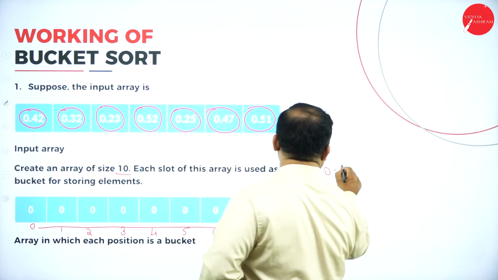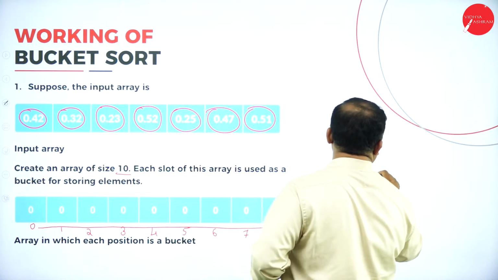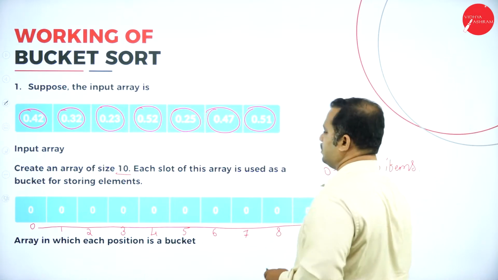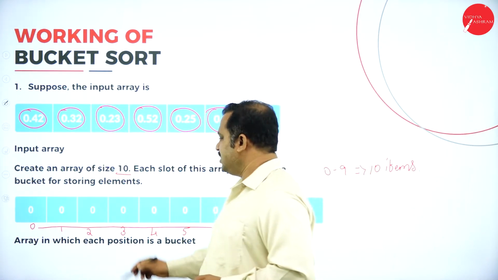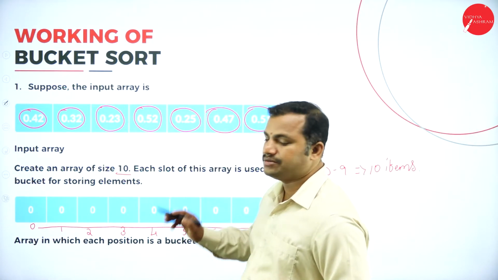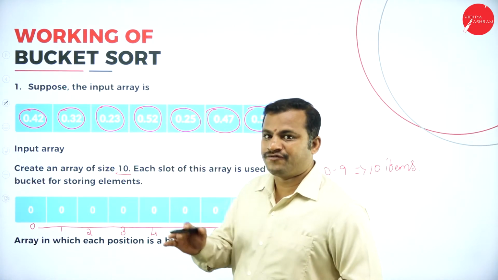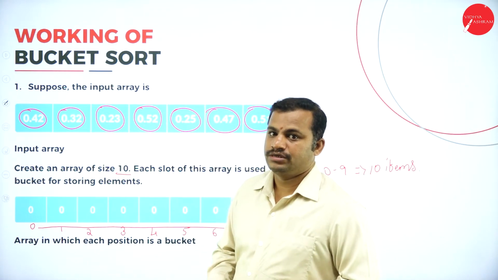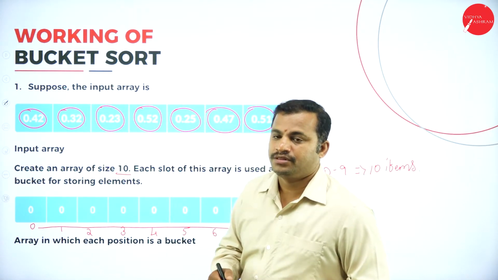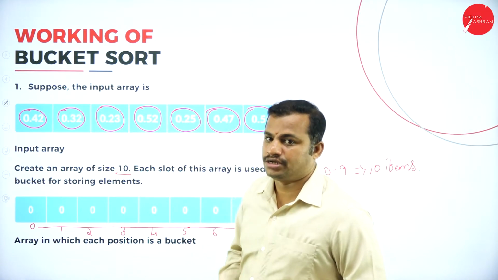So 0 to 9, totally we have 10 items here. So if there are 10 items, then we have to place these items into this array after gathering. How we are going to gather the elements into a bucket? That is a topic of interest now.